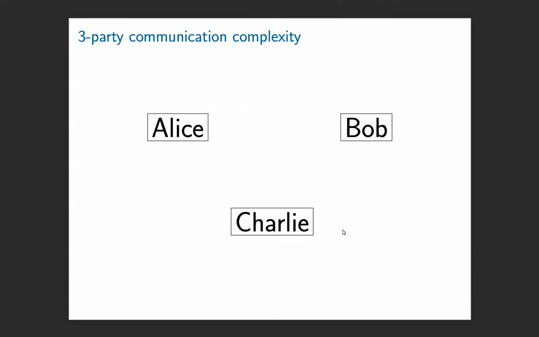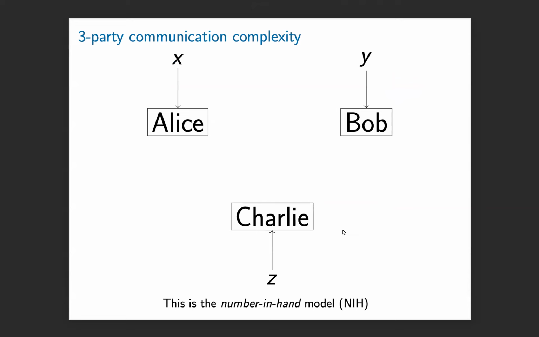Okay, so let's say we now want to generalize our 2-party communication model to more than 2 parties. So we add an additional party, Charlie. The first thing that you might try to do is just give every party their own input. Maybe this is the most natural generalization.